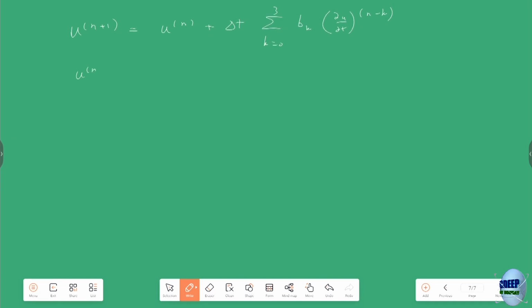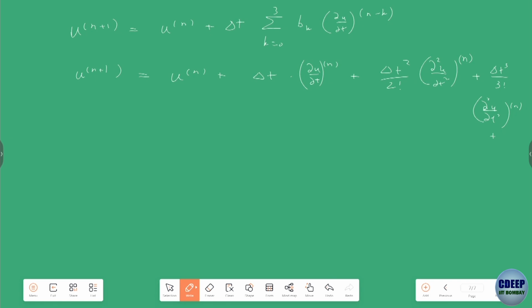So you will write u^(n+1) is equal to u^n plus delta t times del u del t at n plus delta t square by 2 factorial del 2u del t2 at n plus delta t cube by 3 factorial del 3u del t3 at n plus order delta t to the power 4. So this is taking care of the u^(n+1).